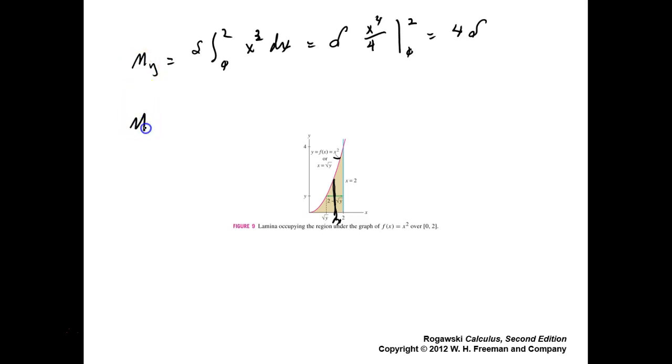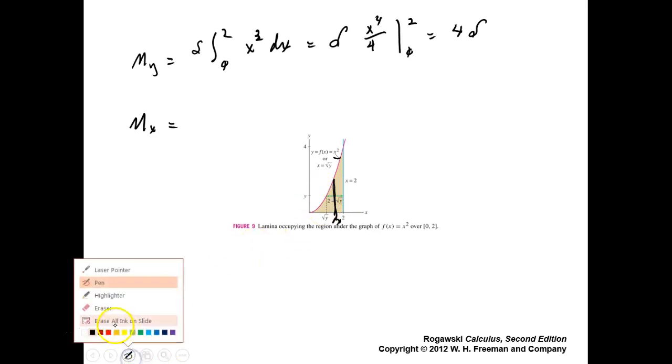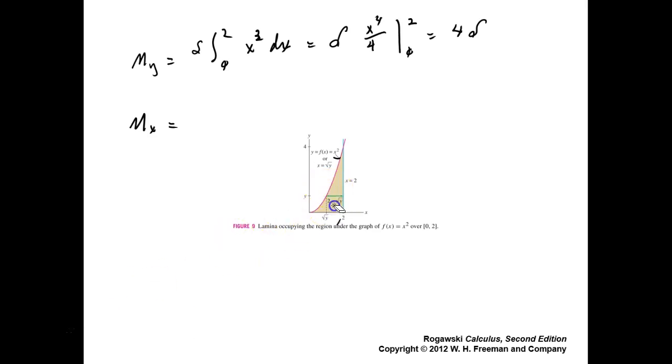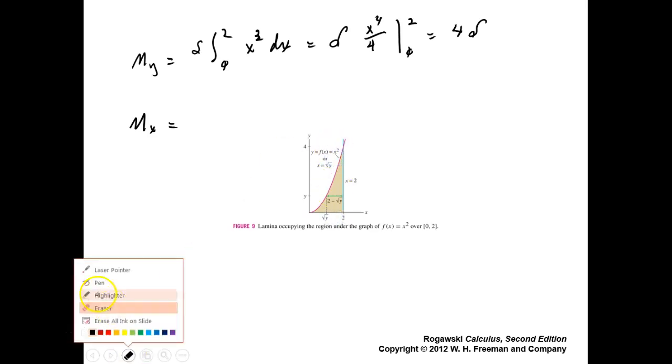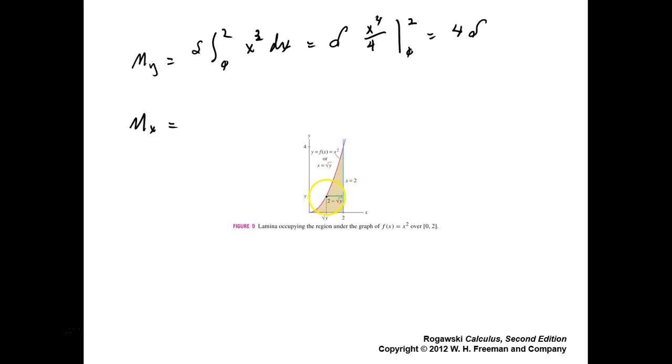Now, to do the m sub x, we need to do the dy's, not dx's. So I'm going to erase, just so it won't be in the way here. We have to now deal with a dy here. Now, your delta is still delta. That doesn't change.